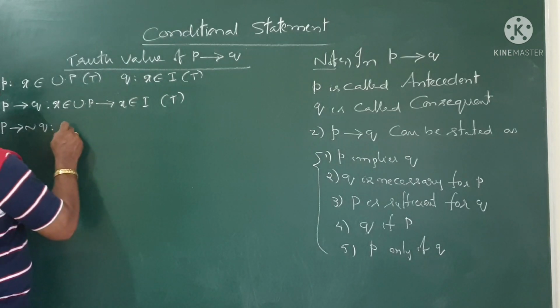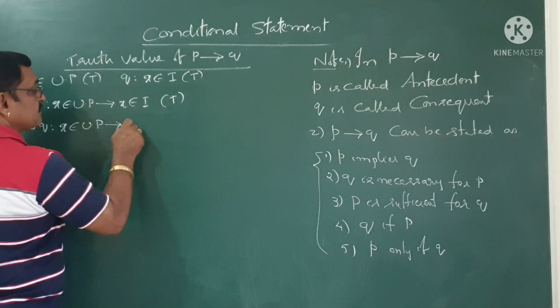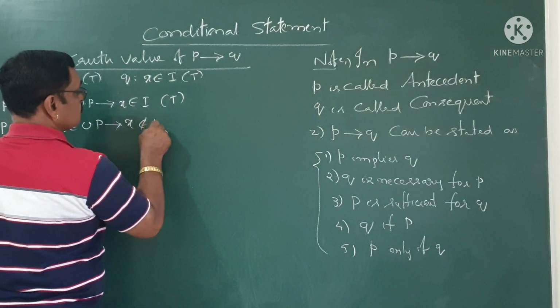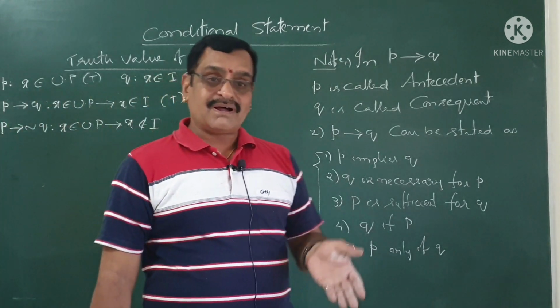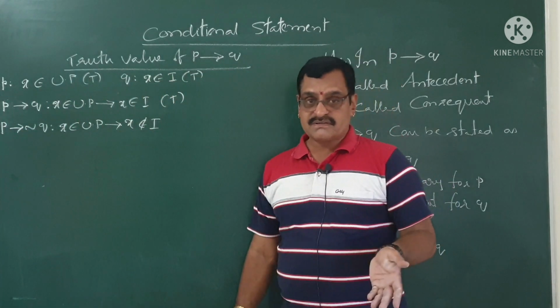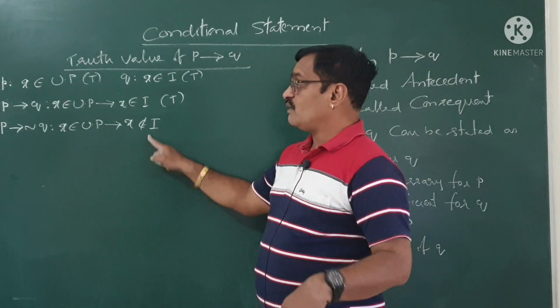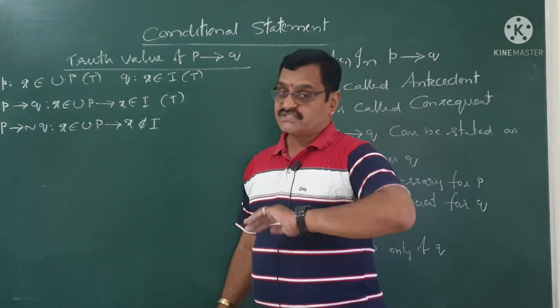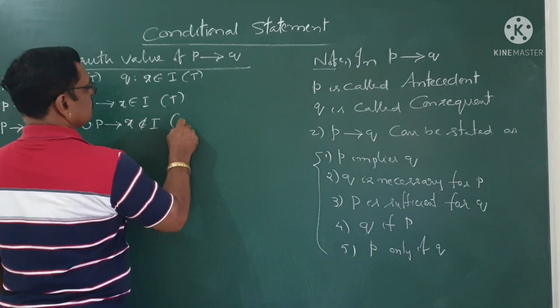That means X belongs to UP implies X does not belong to India. When X is staying in UP, automatically he stays in India. If I say X is not staying in India even though X is staying in UP, this statement is false.